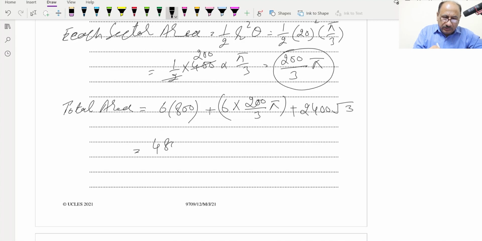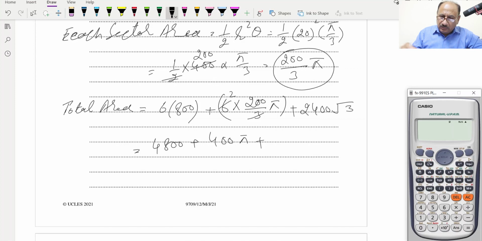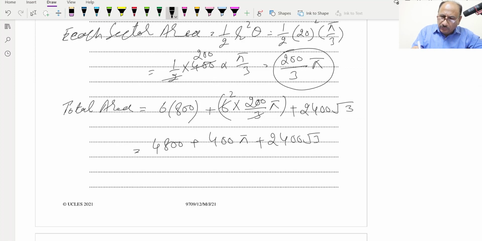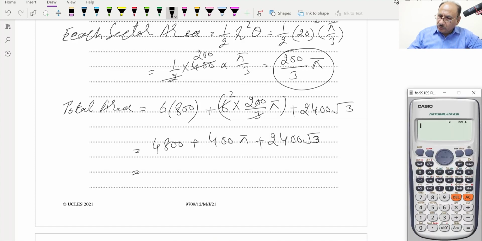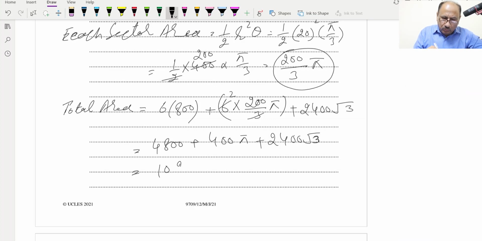This will be 4800 plus 3 2s are 6, so it will be 400 pi, and plus we can write that is 2400 square root of 3, and we can use calculator to add this. 4800 plus 400 pi plus 2400 square root of 3 is equal to 10213.559, which we can write approximately equal to 10214.